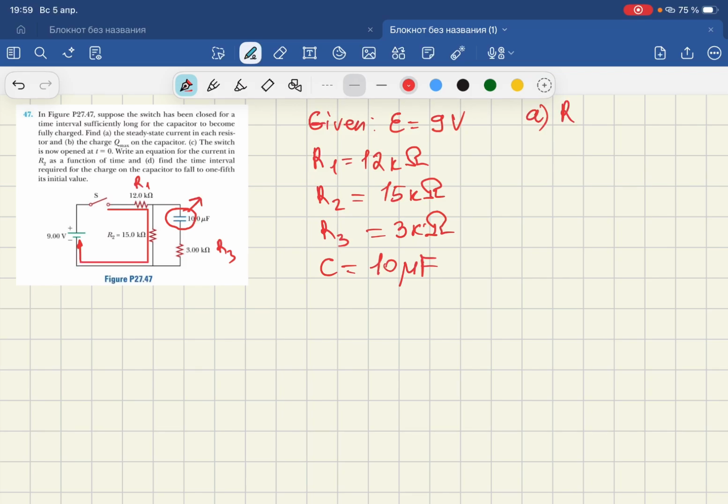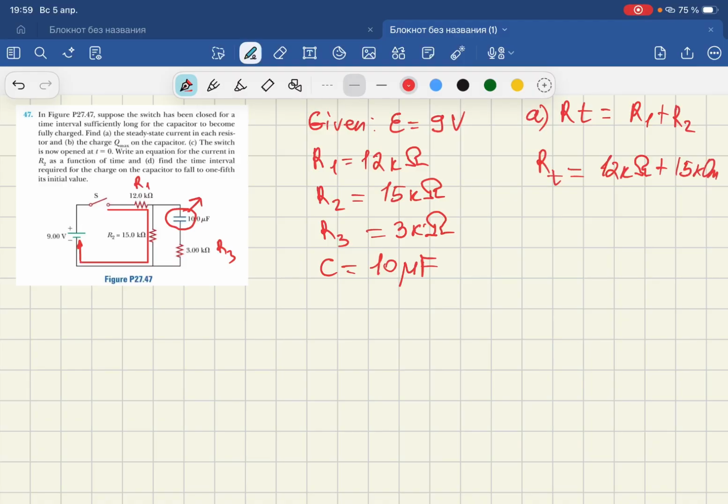First of all, we have to find the total resistance of that circuit. It is equal to R1 plus R2. R total equals 12 kilo ohm plus 15 kilo ohm.